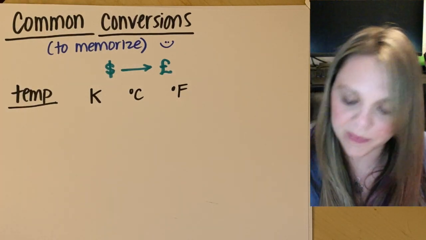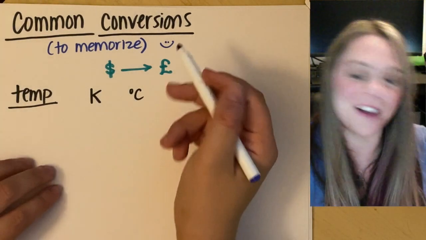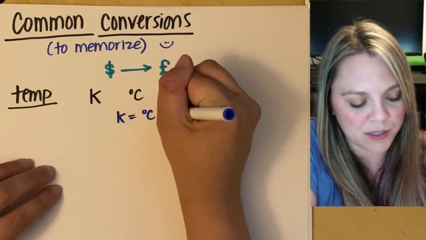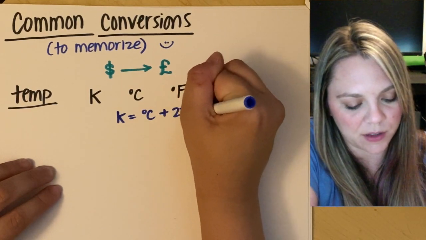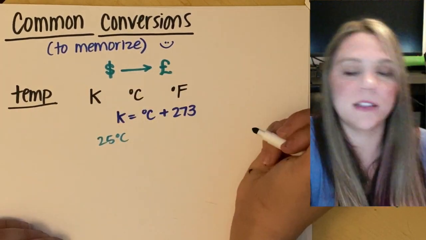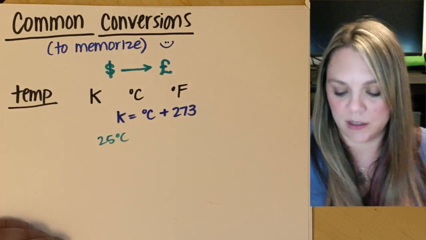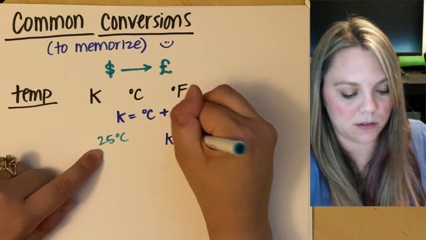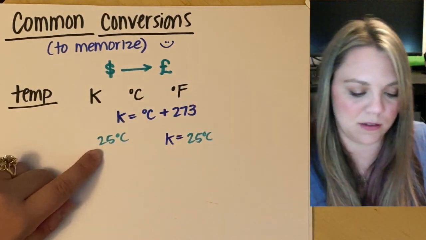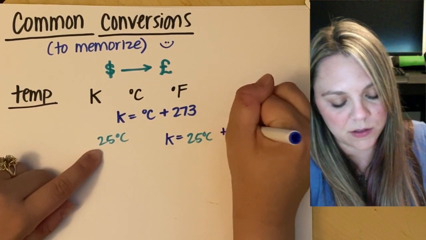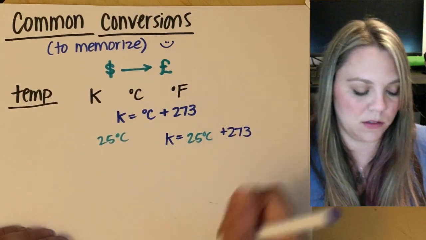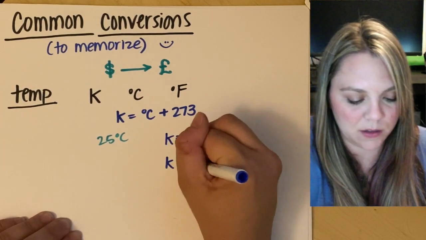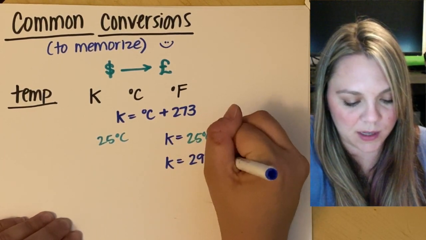All right, the conversion factor for this is Kelvin is degrees Celsius plus 273. Say I have 25 degrees Celsius, and I need to get it into Kelvin. Kelvin equals the 25 degrees Celsius plus 273. So this temperature in Kelvin would be 298 Kelvin.